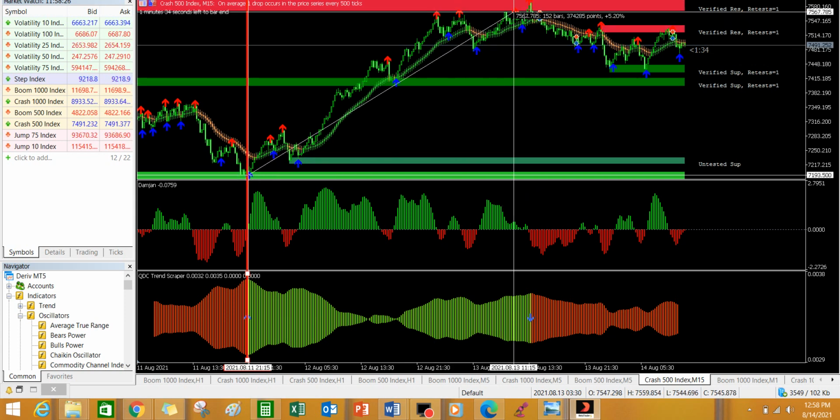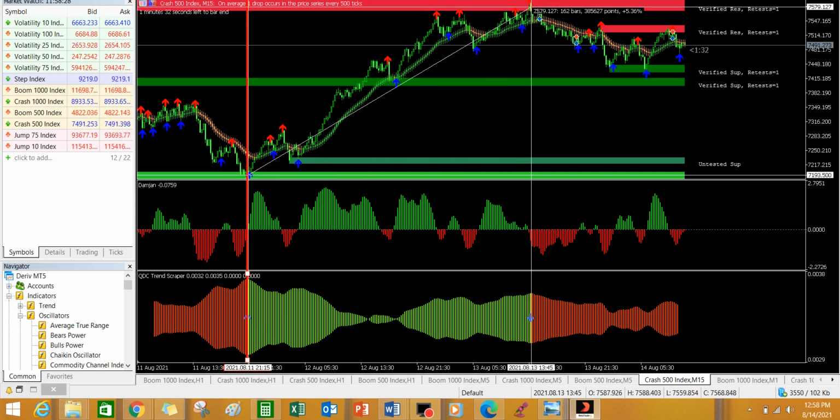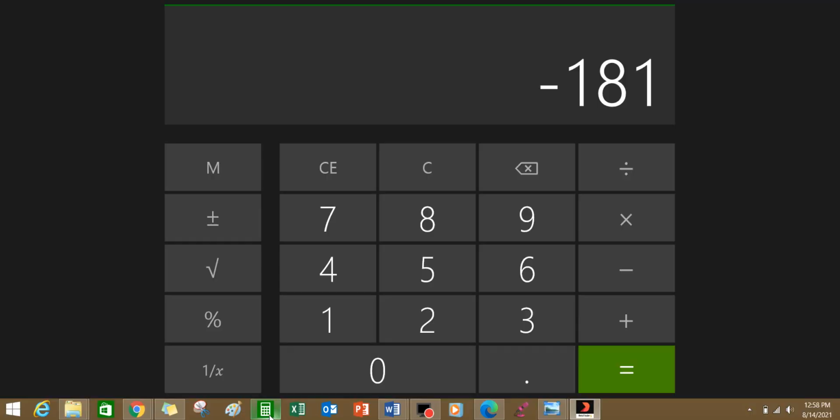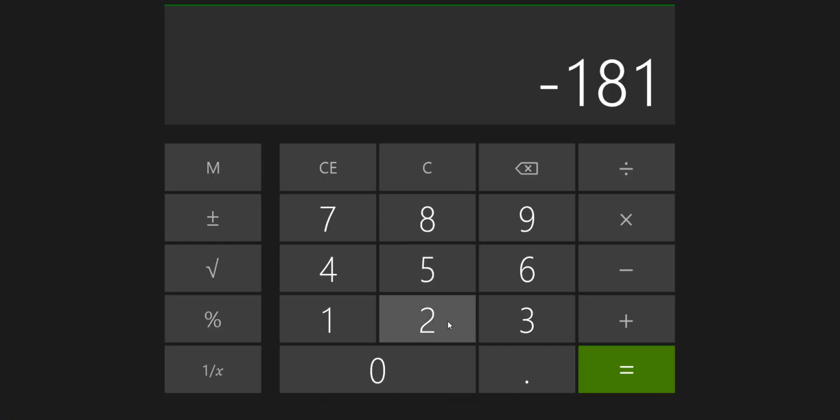So I want to calculate the number of minutes spent. This is 162 bars, 162 candles. Remember we are on the 15-minute time frame, so 162 times 15 gives us 2,430 minutes, guys.